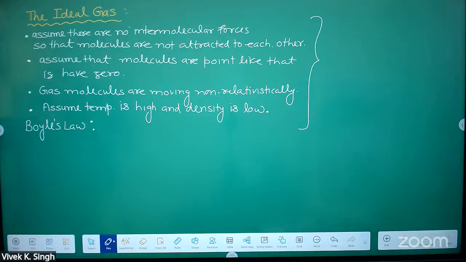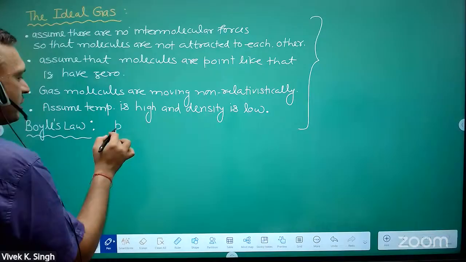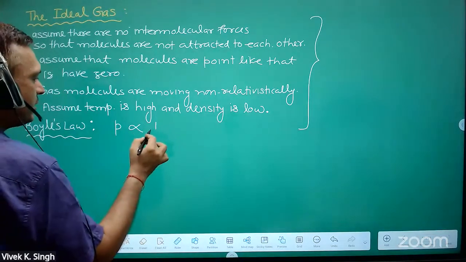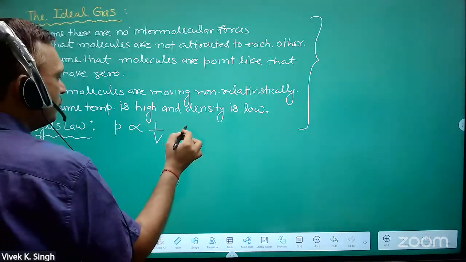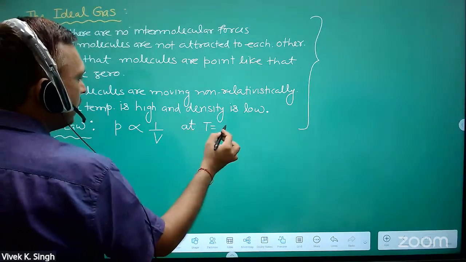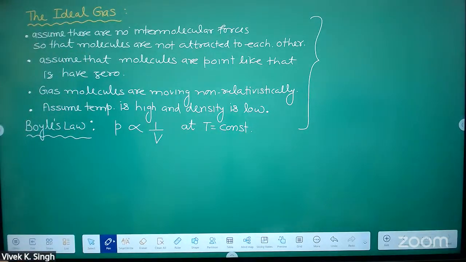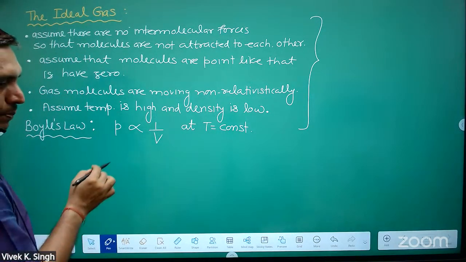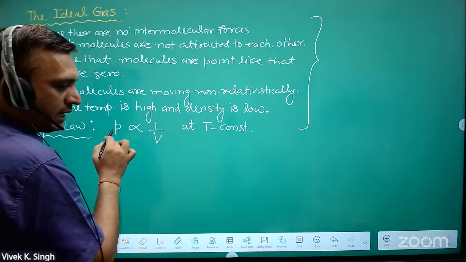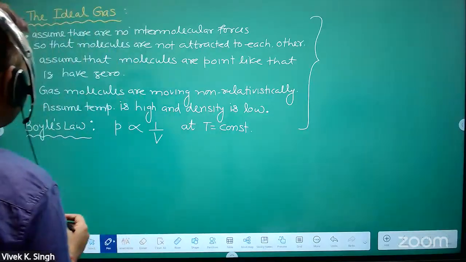The pressure of a given mass of a gas at a fixed temperature is inversely proportional to volume, at T equal to constant. This is called Boyle's law.